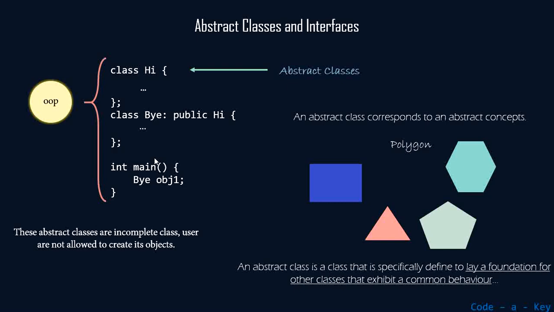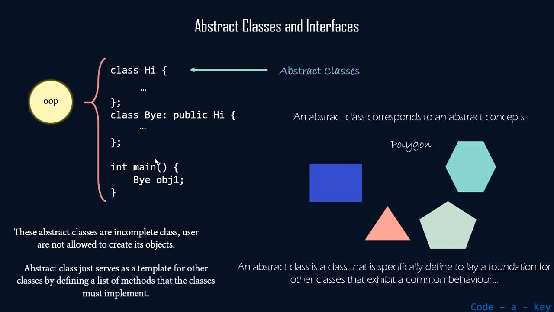So this is important, that we are not going to call the object of the polygon, but it's going to raise an error because it is an incomplete class, it is not having anything, right? So an abstract class just serves as a template for other classes by defining a list of methods that the class must implement, right? So the polygon class must have methods like sides, right?